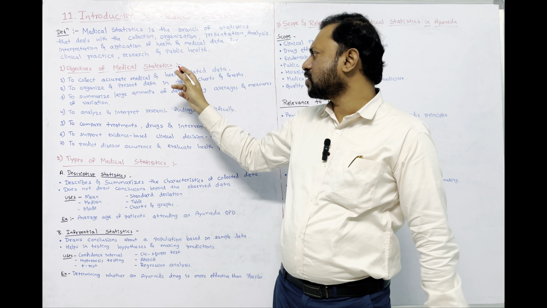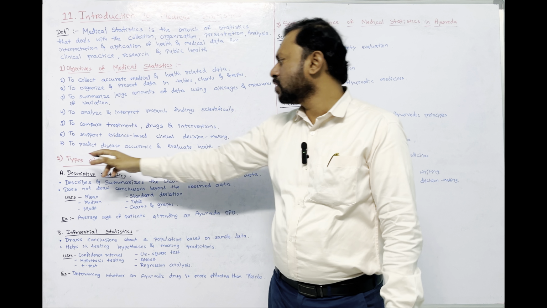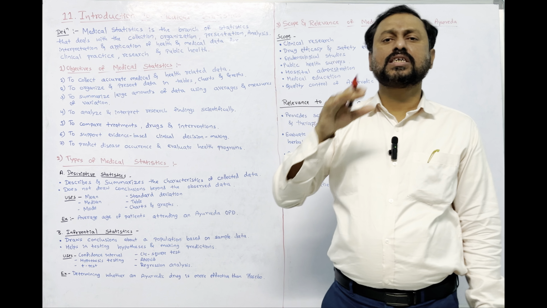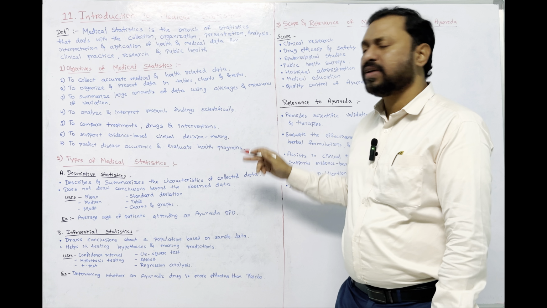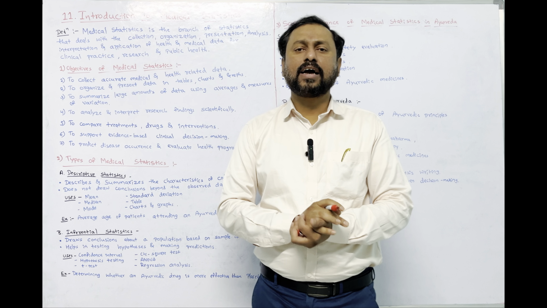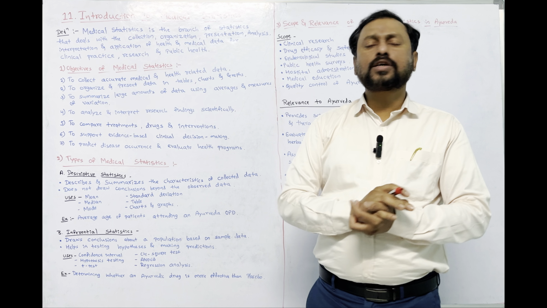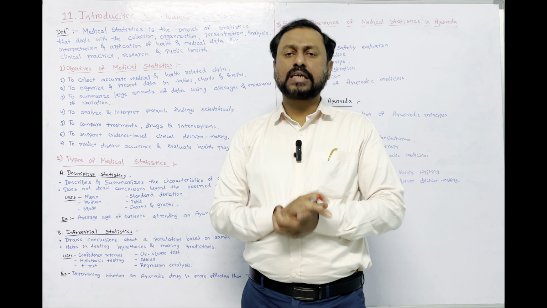Based on that, using medical statistics, we can predict which diseases will occur more in which month, as well as evaluate and implement health programs. These are the objectives of medical statistics.